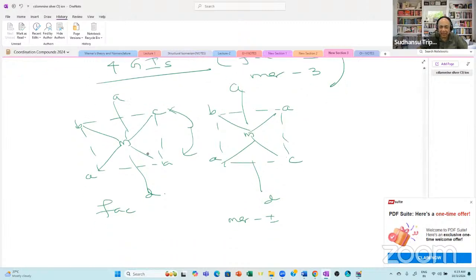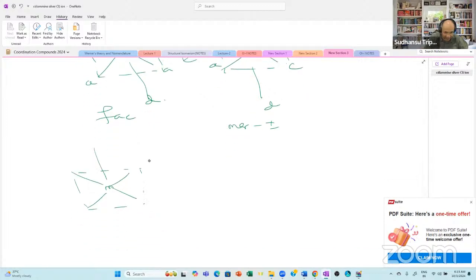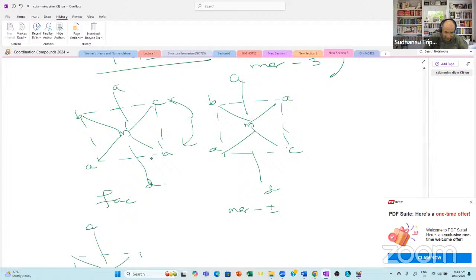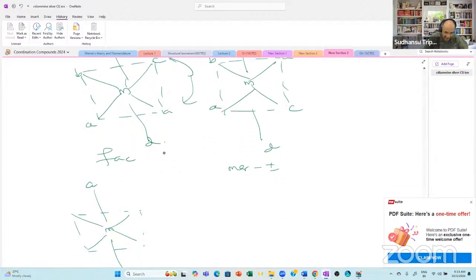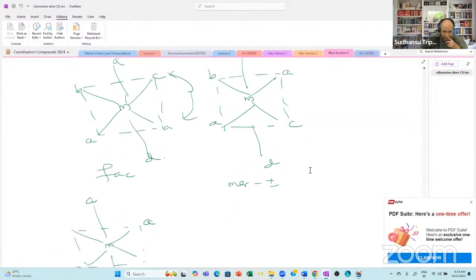Then keeping that in, see how I am drawing. Keeping that exact A without changing it, this was BC opposite.